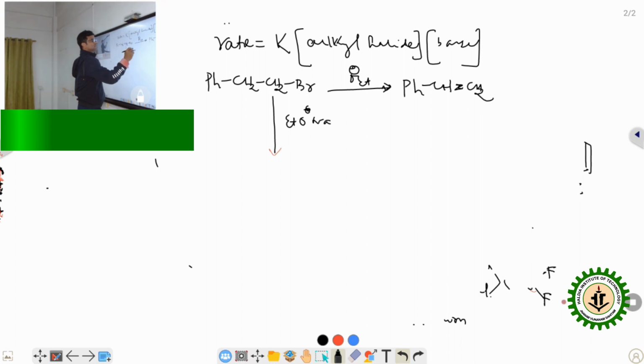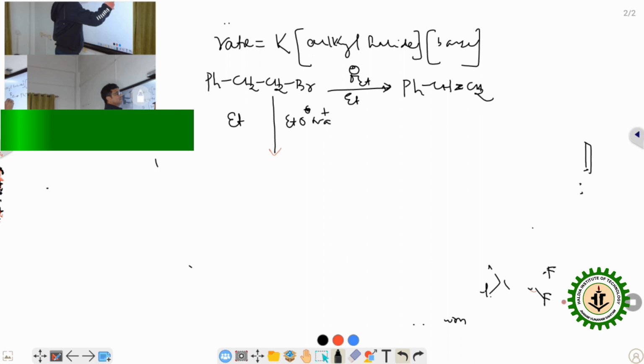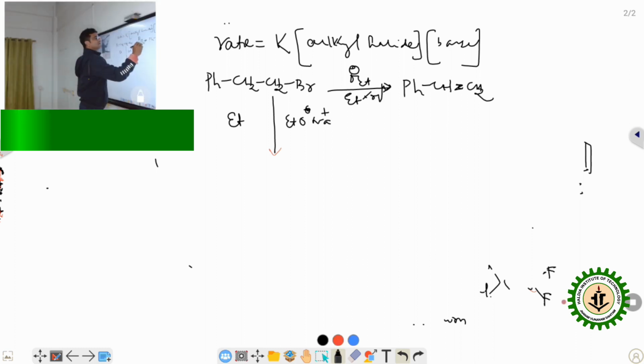This should be ethanol, with sodium ethoxide in ethanol, right? The product will be this alkene, and this is an E2 reaction.